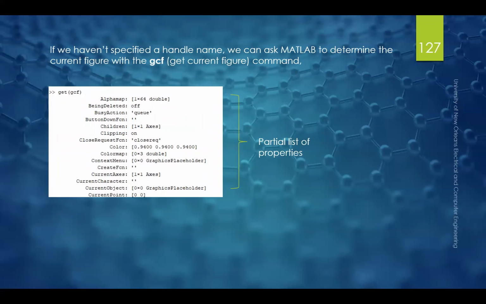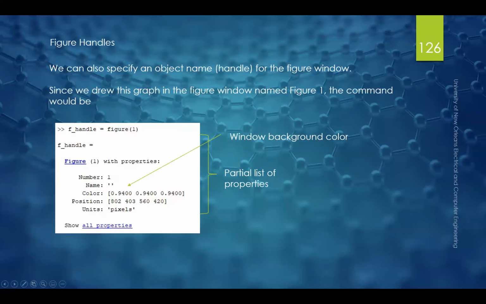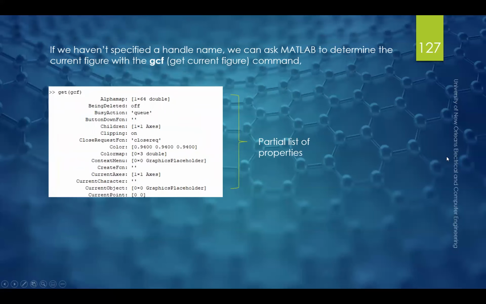Again, if you haven't specified a handle name like this, we can ask MATLAB to determine the current figure with the command get current figure, GCF. This GCF command, if I use it with the get function, get GCF, which again is get the current figure information, will show me all the properties associated with the current figure.